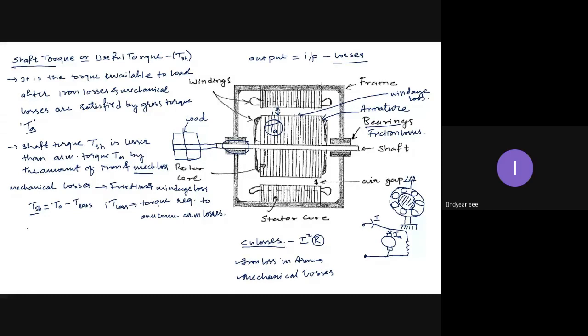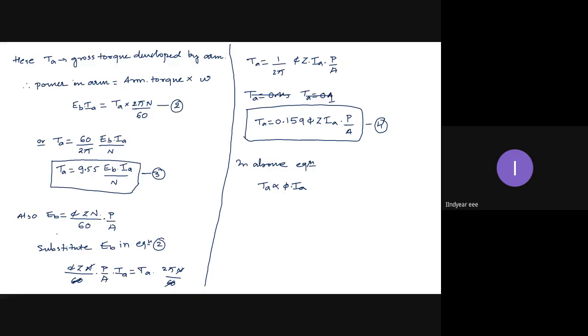Now, the armature power can be given as PA is equals to 2 pi n TA divided by 60. This we have already seen in the previous equation.